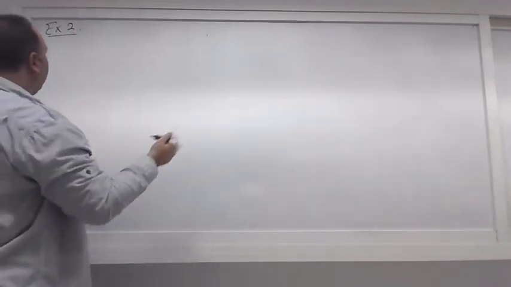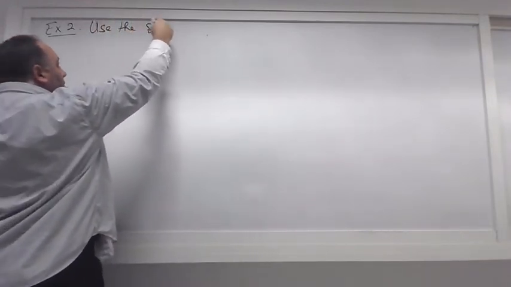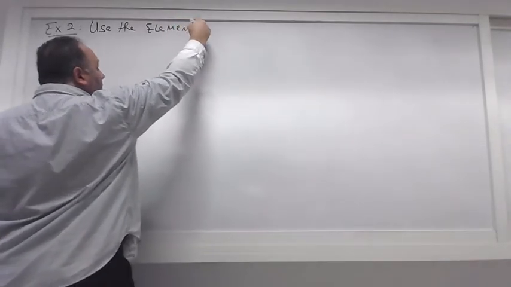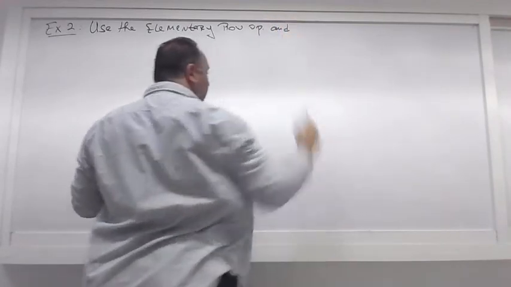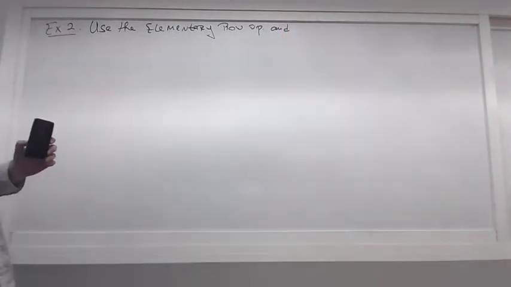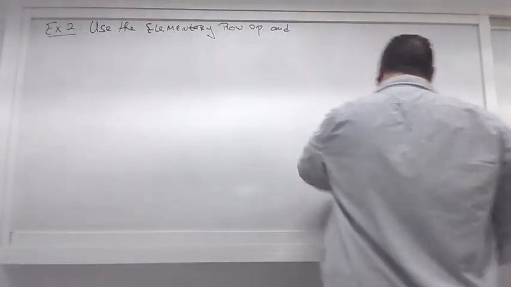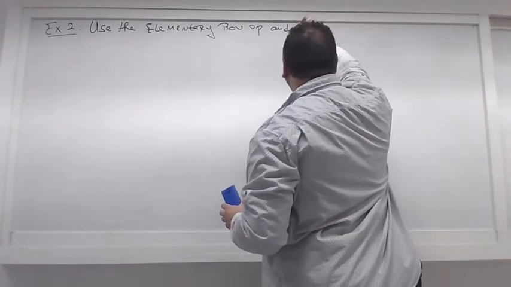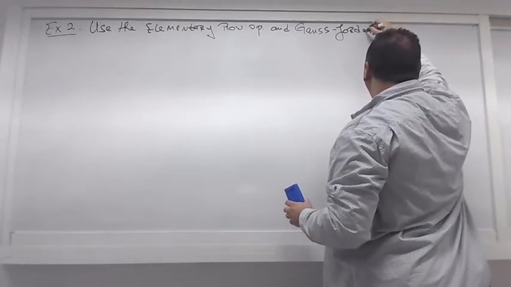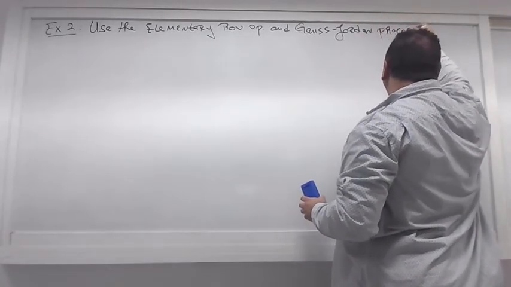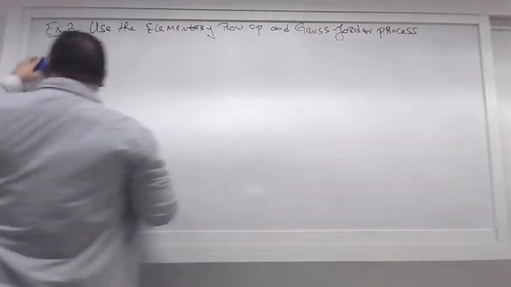These are just different ways of saying the same thing. Because elementary row operations and Gauss-Jordan method are the only allowed ways to solve linear systems in this course. So I say now Gauss-Jordan process, Gauss-Jordan method, just to vary the vocabulary.